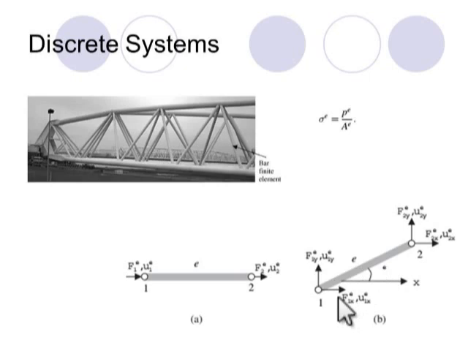Therefore, I have 8 variables related to a truss element in 2 dimensions. For 1 dimension, it is just 4.